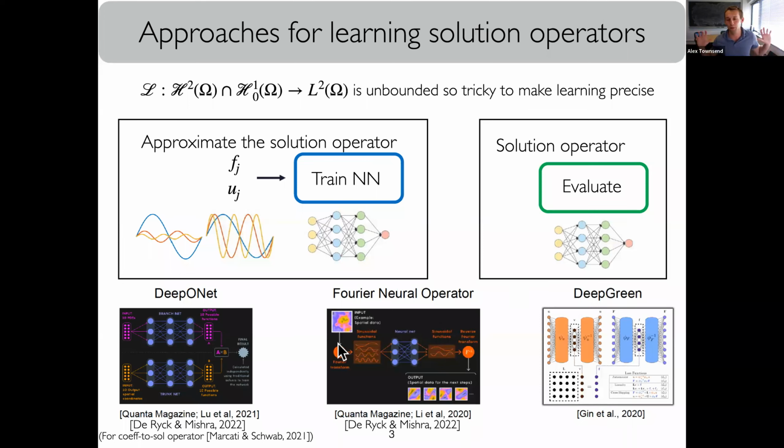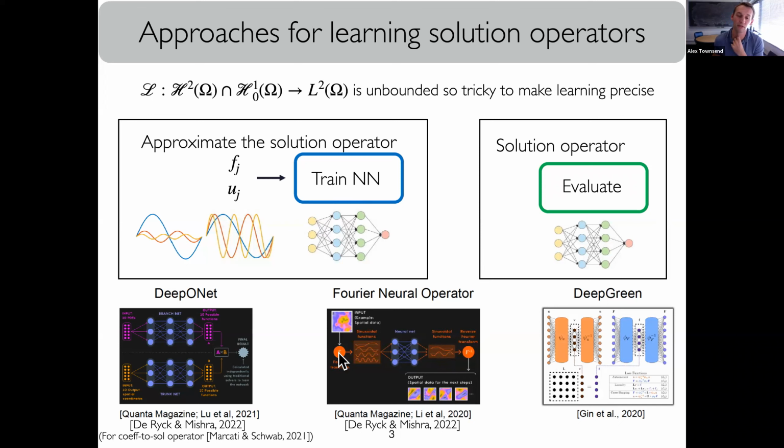And then, of course, people play with the neural network architecture, inspired by numerical PDE techniques, to come up with different architectures to represent this solution operator. So maybe a nice one is this Fourier neural operator technique, where, inspired by Fourier spectral methods, they have a transform which is motivated by Fourier transforms, an inverse Fourier transform, and a neural net sitting in between that they're using to train this solution operator.